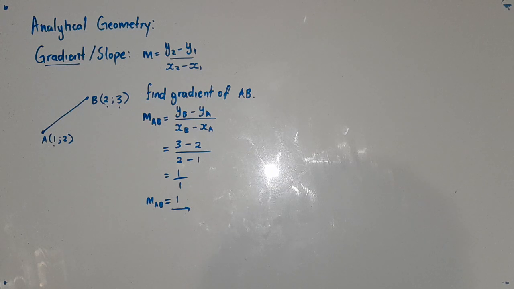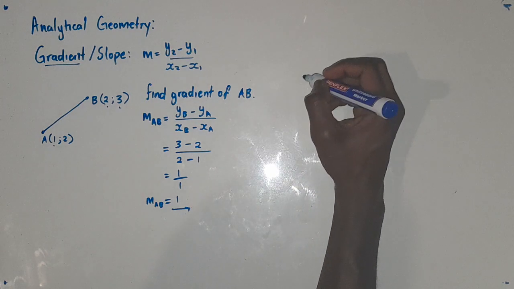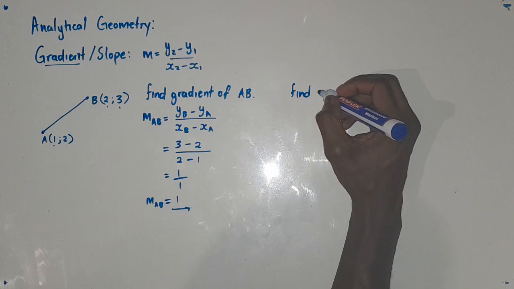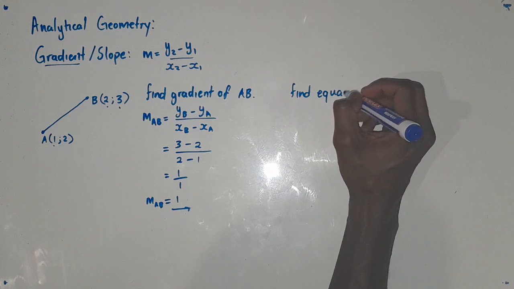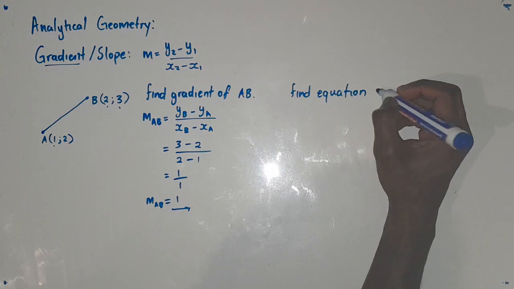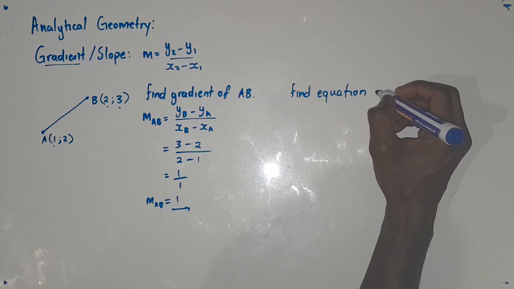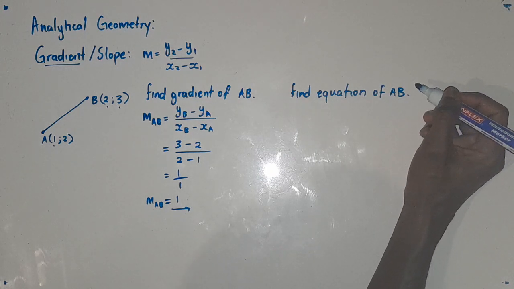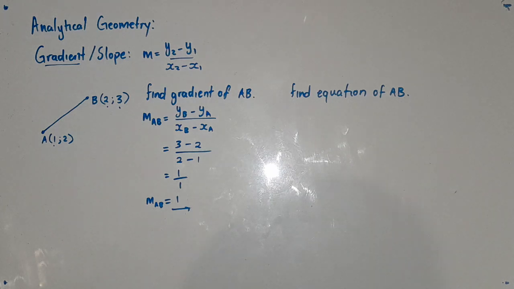Suppose if I were to further say to you, find now the formula, or let me say find the equation. Let me ask you this question: equation of AB. How would you go about finding the equation of this line?